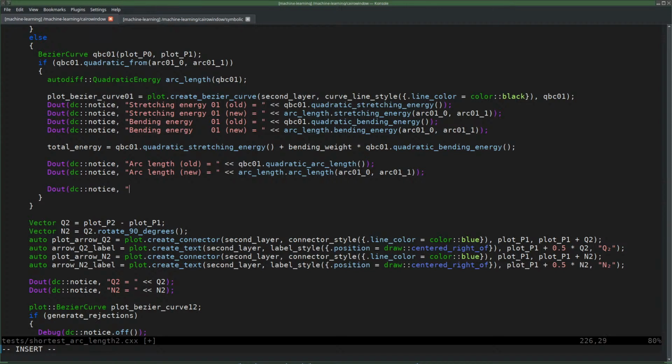And then we print, let's say, the stretching energy. Then we take the arc length and I want a stretching energy. But this gives me the value. But if I just do this, why not just return the formula?